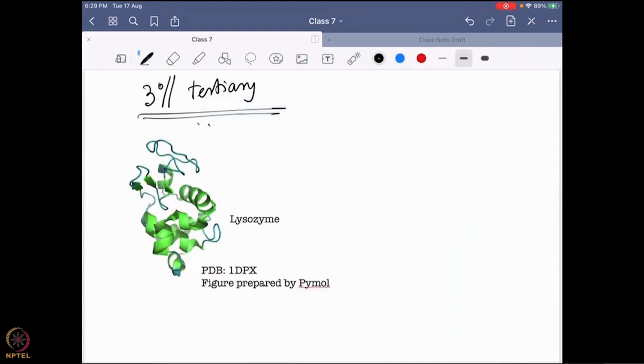Over here in this protein, you can see there is alpha helix present. There is alpha helix present. And there are also beta sheets present over here. You can see over here, and they're anti-parallel.